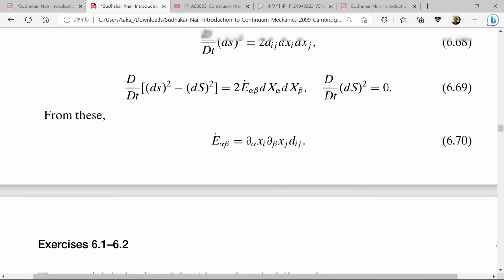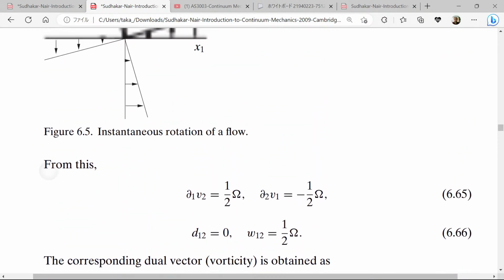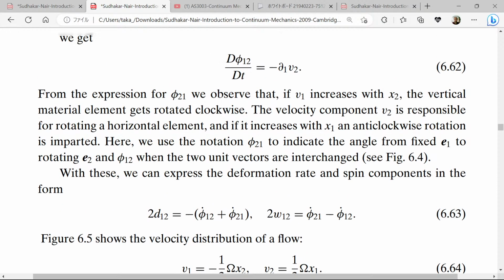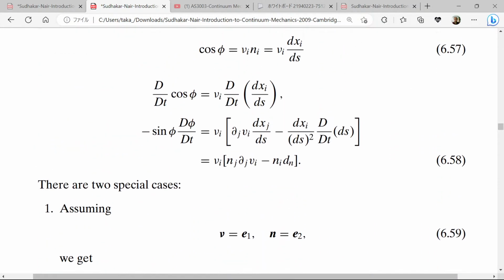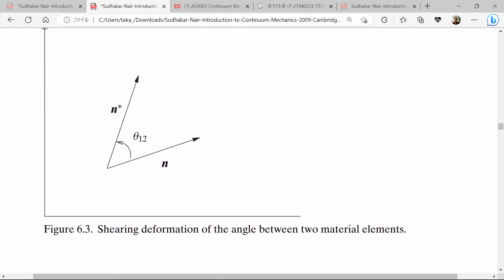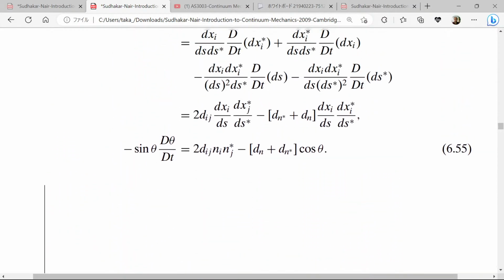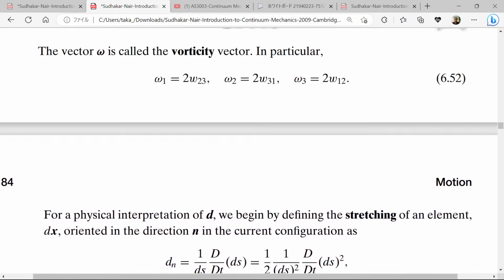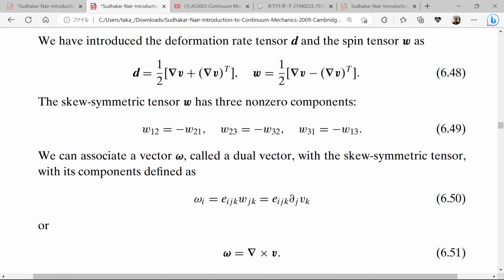I think maybe we stop here for chapter 6. Then we move on to chapter 7. Yeah, we can come back to chapter 6 if necessary, because I think this is too much detail.